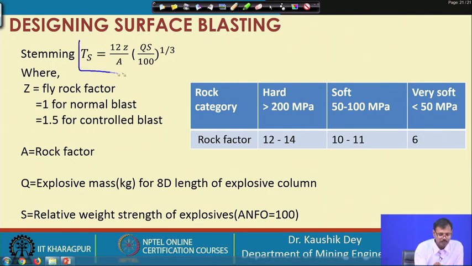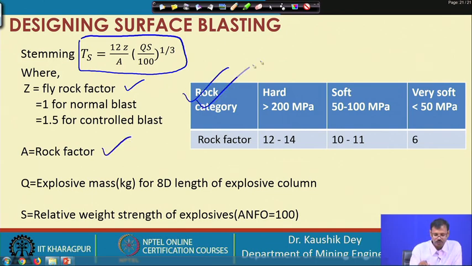The stemming can be calculated using this formula, where Z is the fly rock factor, 1 for normal blast, 1.5 for controlled blast. A is a rock factor, this is the rock factor given. This is basically developed by Konya et al.